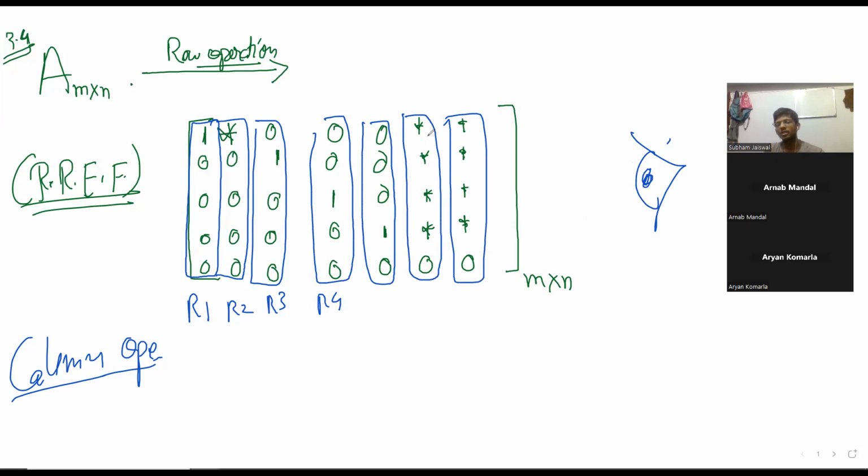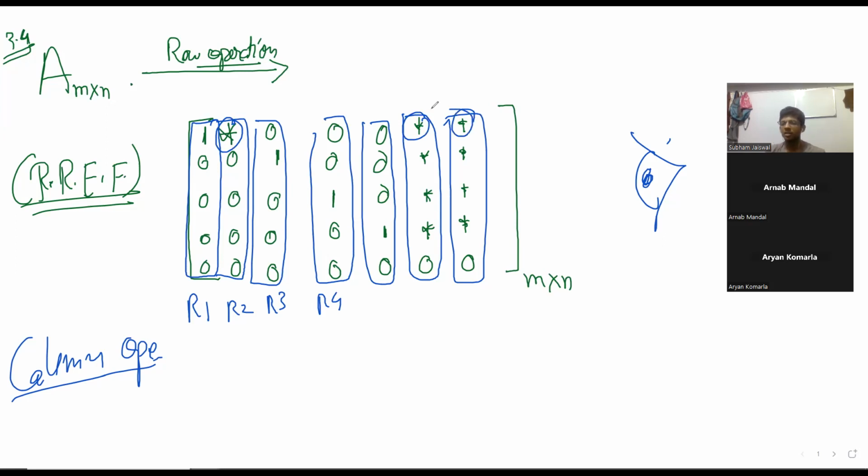Every non-zero row has its first non-zero entry equal to 1, and that becomes the topmost entry. You can use it to make these things 0.